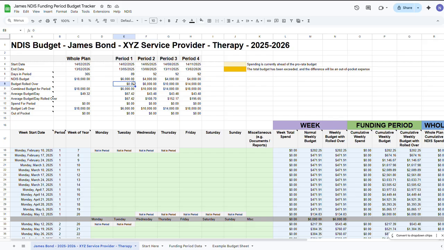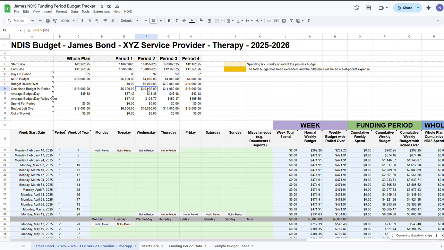And then it tells us how much money has been rolled over from a past period. So in the first period, there's no money rolled over because we've just started the plan. But at the moment, because I haven't entered any spend in the first period, it tells me if I don't spend anything in period number 1, then $6,000, which is all of period 1 budget, gets rolled over into period 2 for me to use.